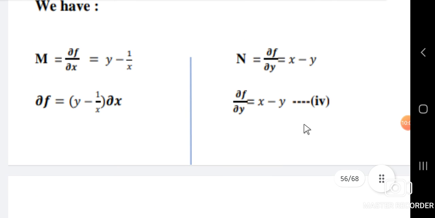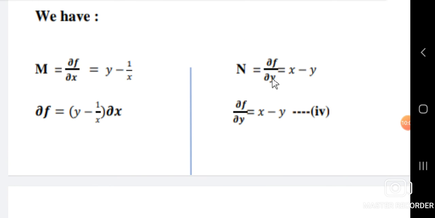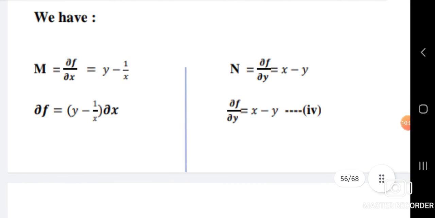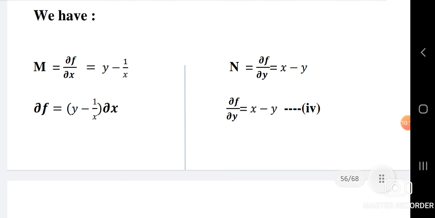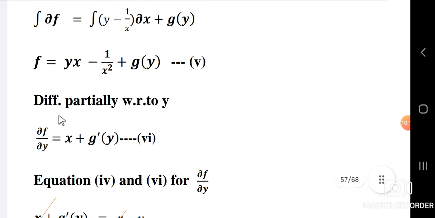For that, I go to the term n. So n is dou f by dou y, so we have dou f by dou y equal to x minus y. If we know the value of dou f by dou y, we can equate it to x minus y. For that, I differentiate this f with respect to y.